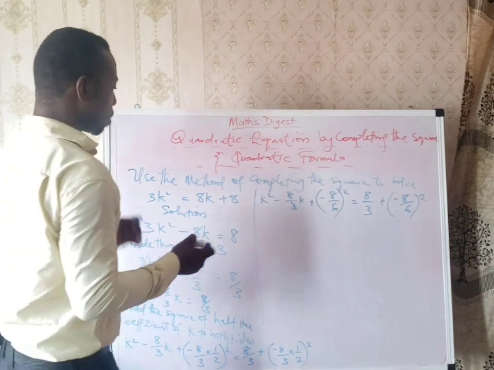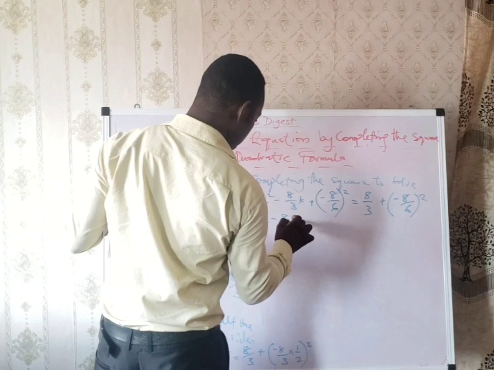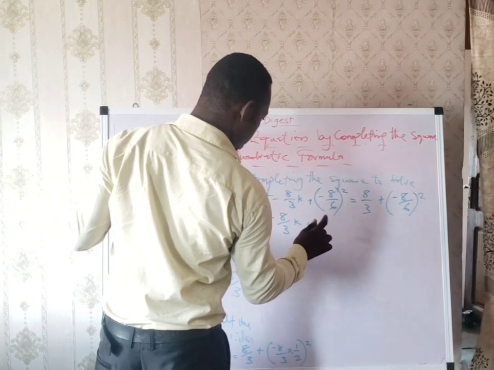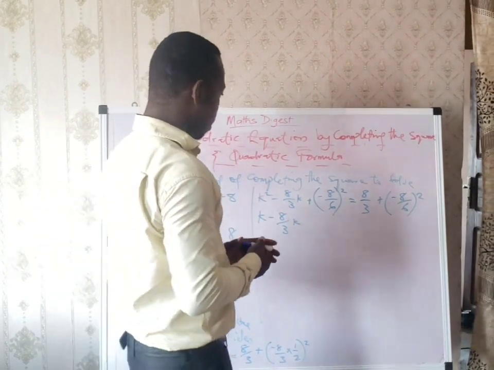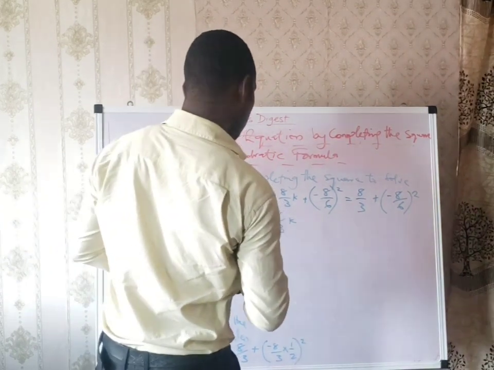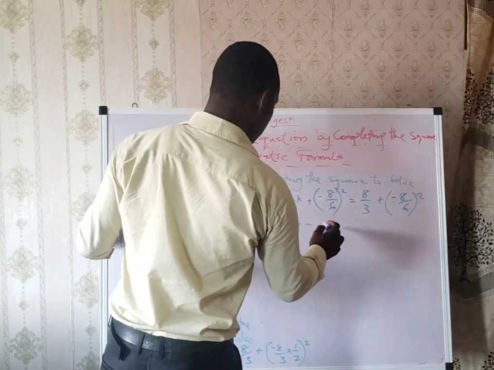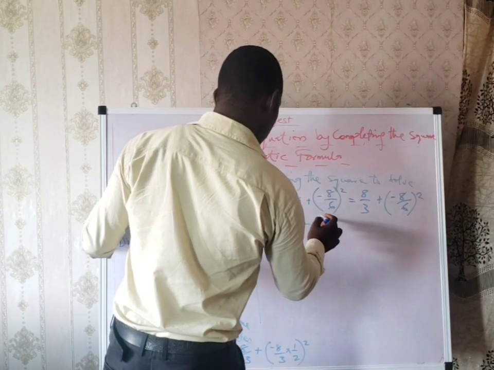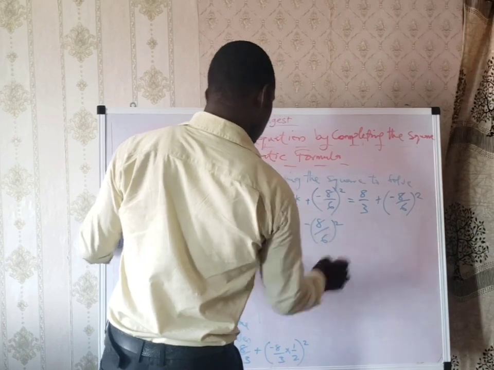Okay, now from here we say k minus 8 over 3 k, okay, now here we say plus minus is what? Minus 8 over 6, 8 over 6 raised to power 2.